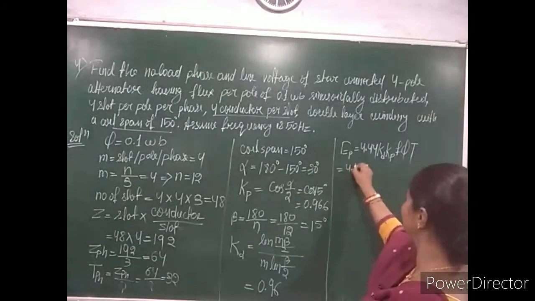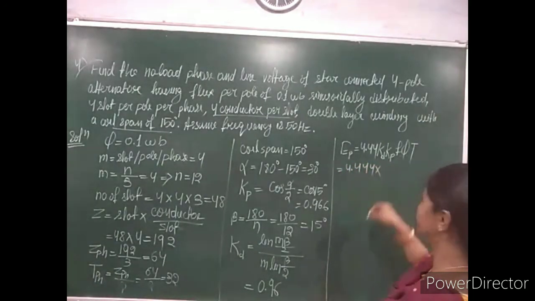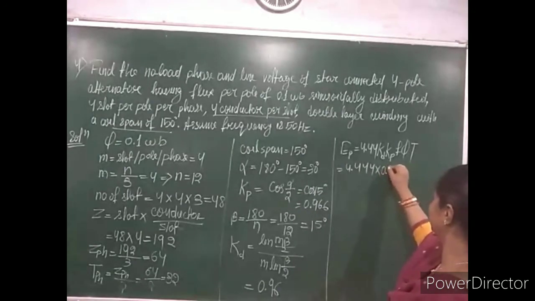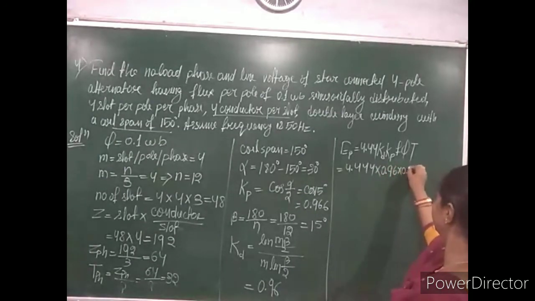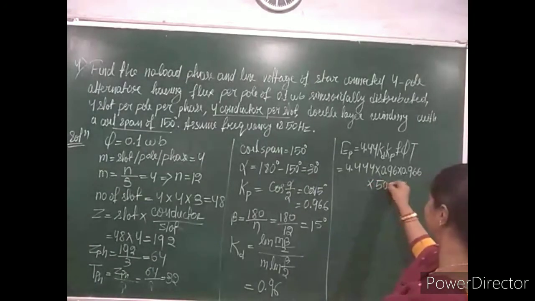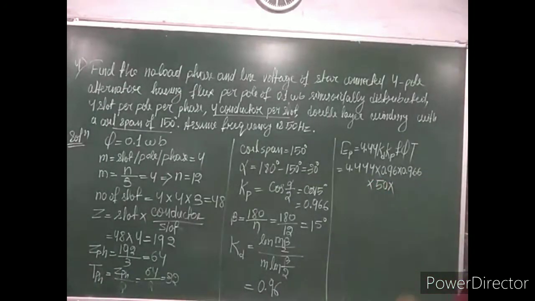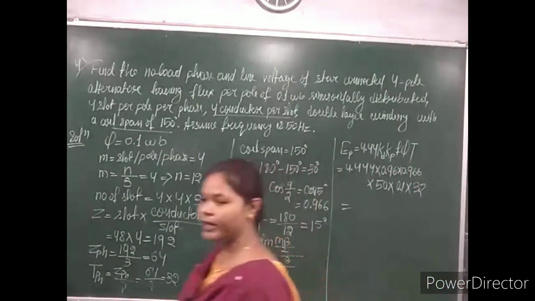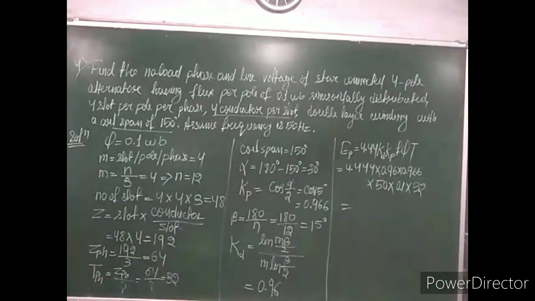You put the values: KD is 0.96, KP is 0.966, frequency is 50 Hz, flux given is 0.1, turns per phase is 32. After putting the values of all parameters, you get the EMF generated per phase as 659 volt.